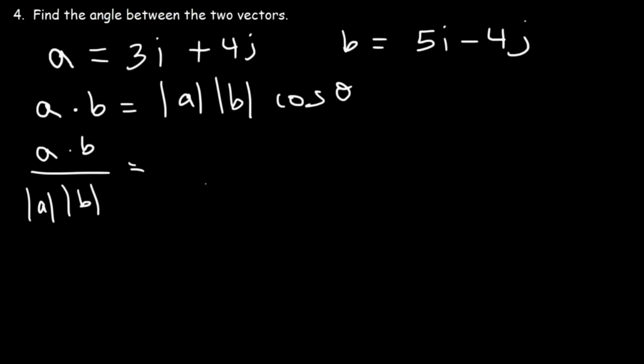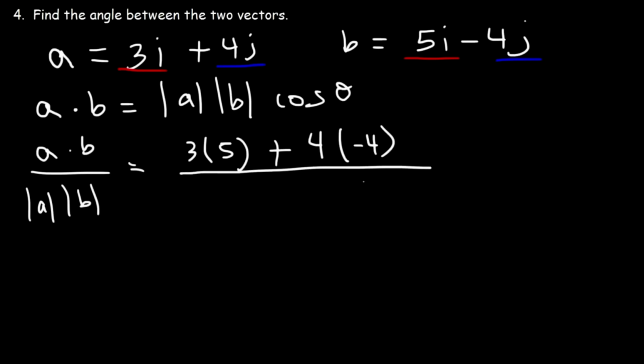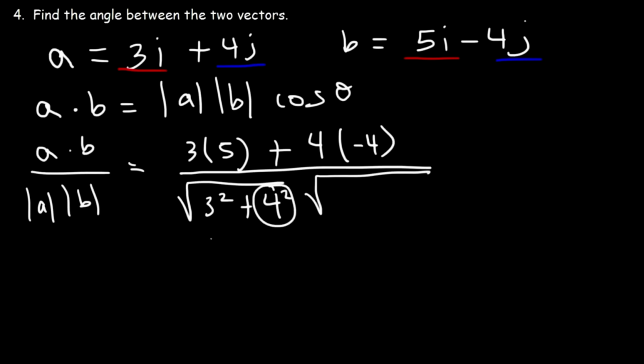So A dot B, the dot product of A and B, is going to be AX times BX. That's 3 times 5 plus AY times BY, which is 4 times negative 4. The magnitude of A is going to be the square root of AX squared plus AY squared.